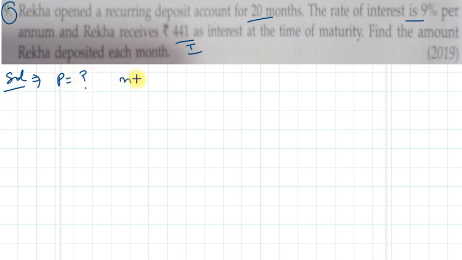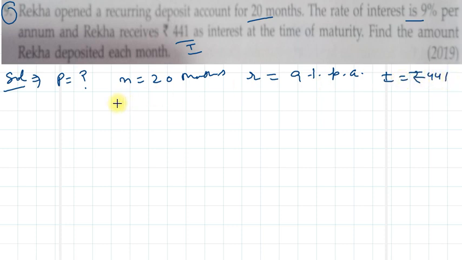So n here is 20 months, R is 9% per annum, and interest is rupees 441, right?